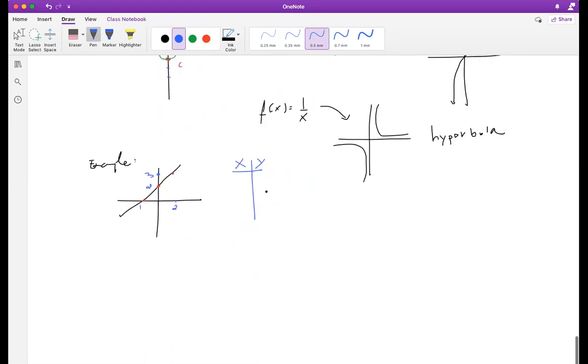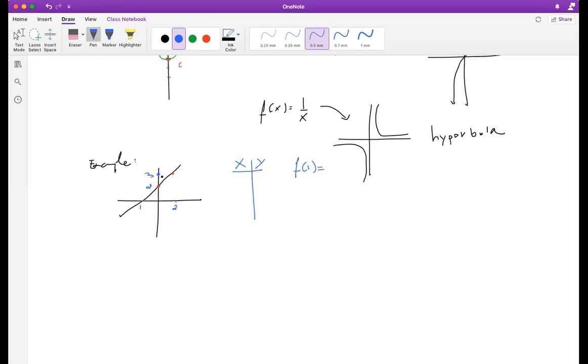So inputs and outputs, so x, y. Let's try to put these on this table. What is f of 1? If the x is 1, what is the y of this point? 0. Exactly.